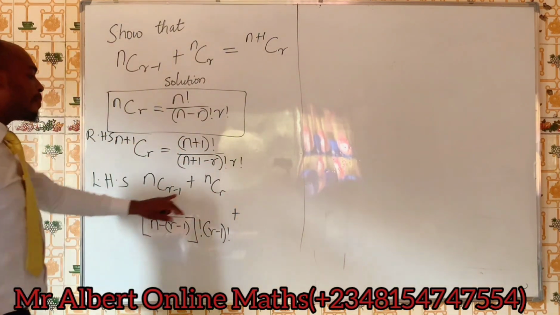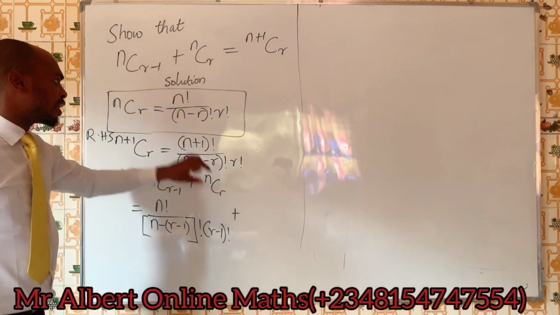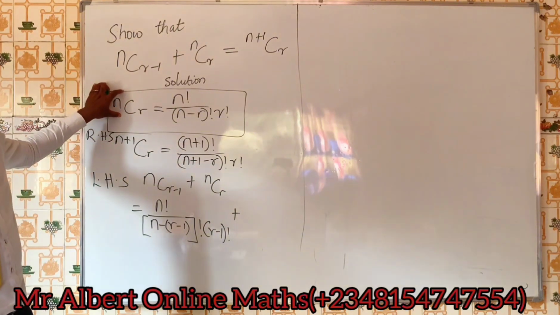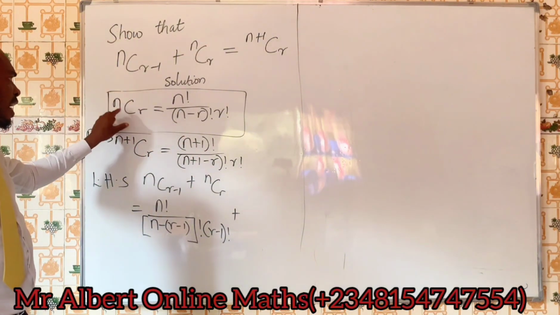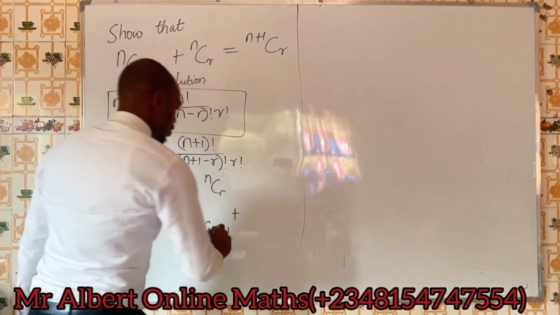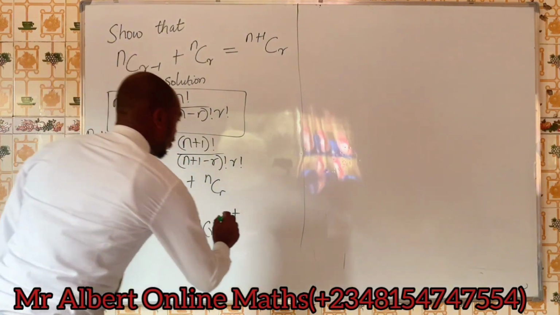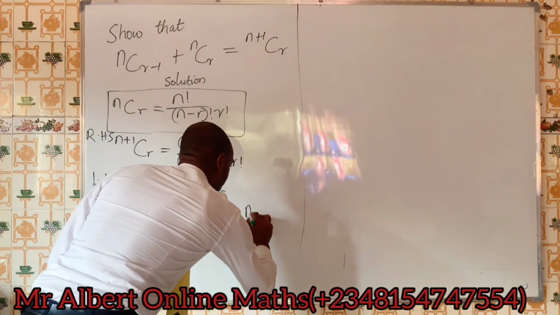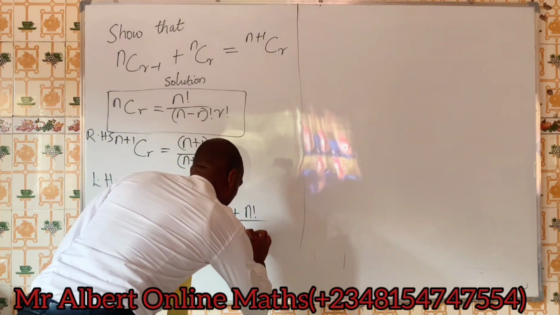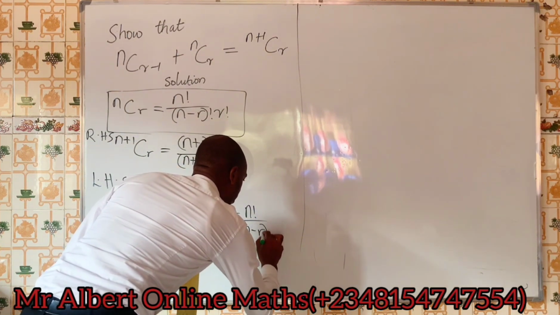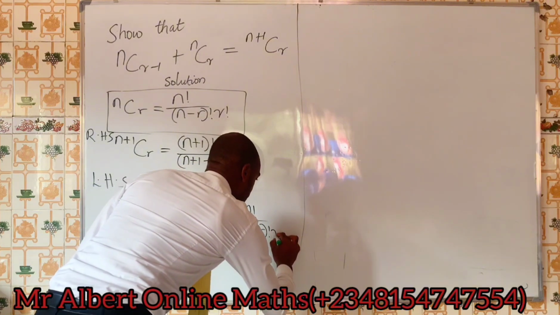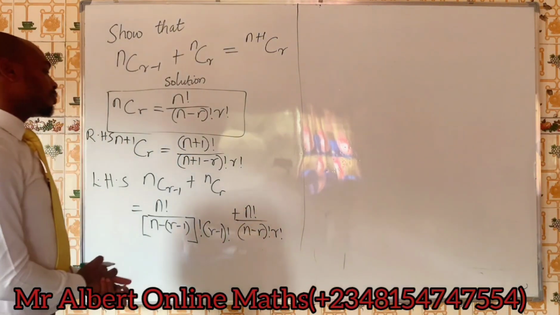Then I will not bother myself again to have n combination r because I have already written down the relation. So what we have is n factorial all over n minus r factorial, then r factorial.